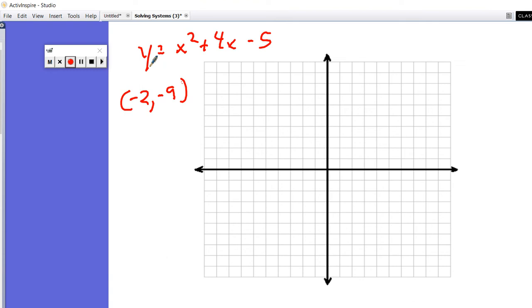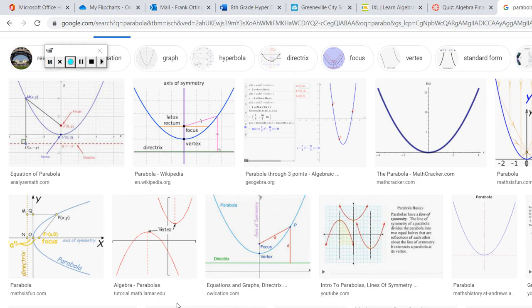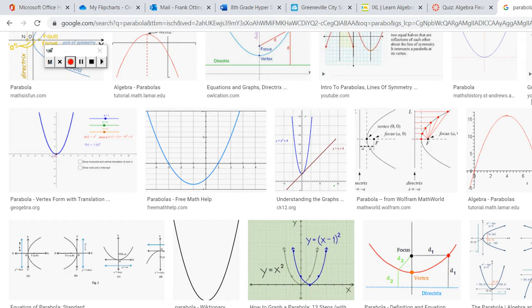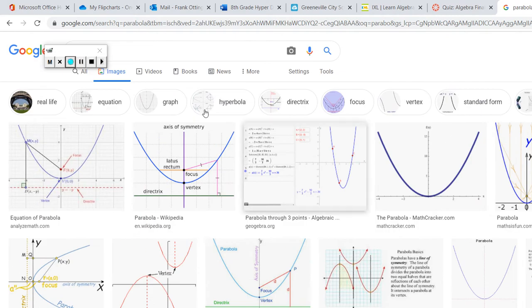To get an idea of what the graph of a parabola looks like, we need to know a couple of things about it. One of them is this vertex. That's going to be a point on the line. Another thing is you just need to know what they look like. What do they generally look like? People will say they're a mix between a U and a V, but it's called a parabola. They can open up, they can open down. Okay, so that's what they look like. So that's kind of what we're going for.